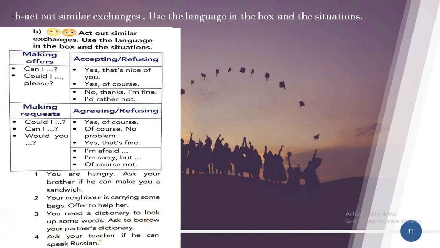For example, 1. You are hungry. Ask your brother if he can make you a sandwich. So you can ask him or request him politely, and give us the answer of your brother, either by agreeing or refusing.